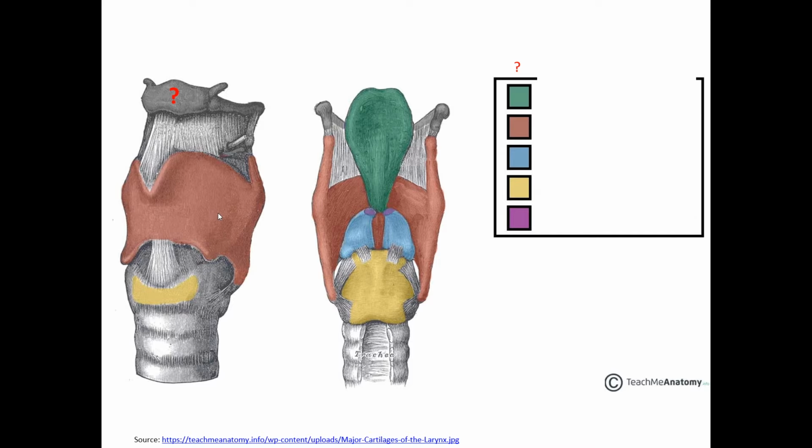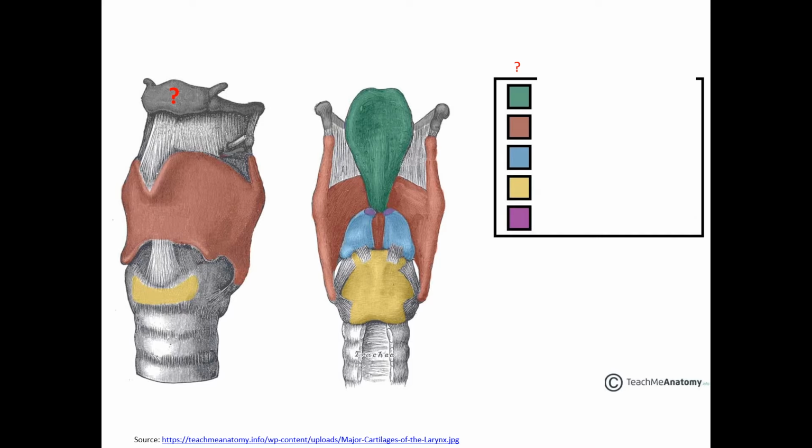So this is the thyroid cartilage. Yep. And just below that is the cricoid cartilage in yellow. Sorry, I didn't give you a chance to answer that one. But the cricoid cartilage is important because it's actually a complete ring of cartilage, unlike the thyroid cartilage, and that'll help us differentiate the two when it comes to grossing.